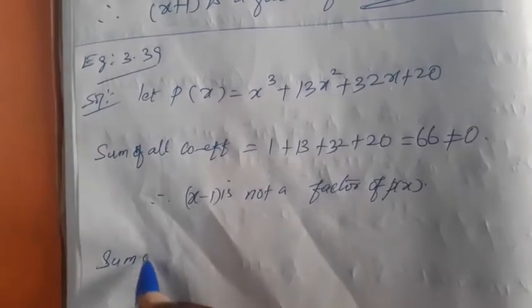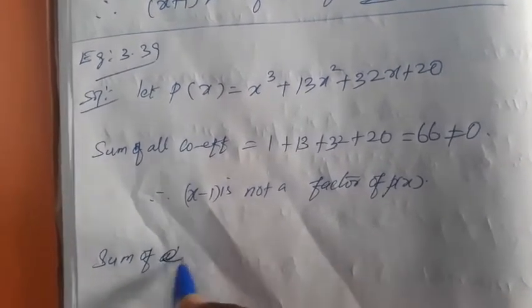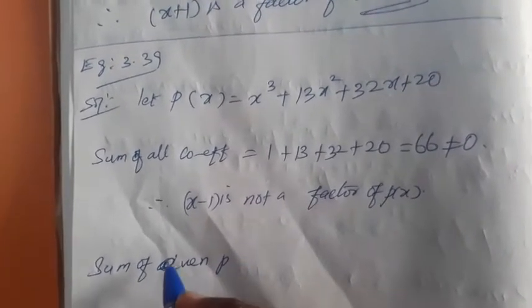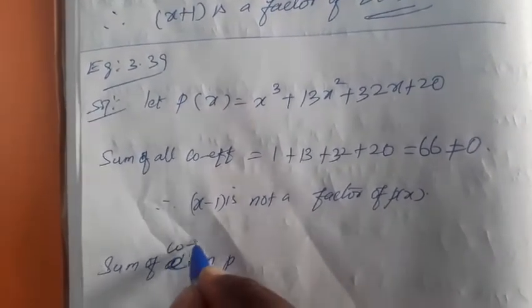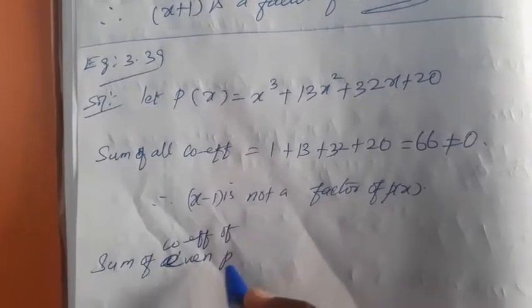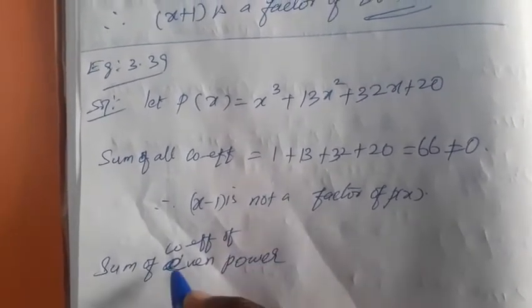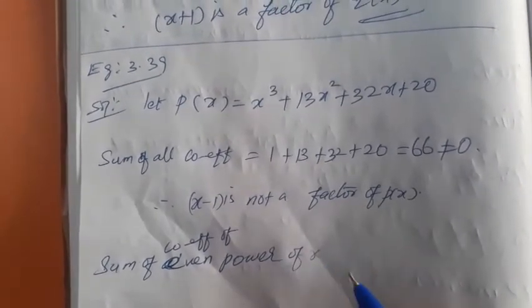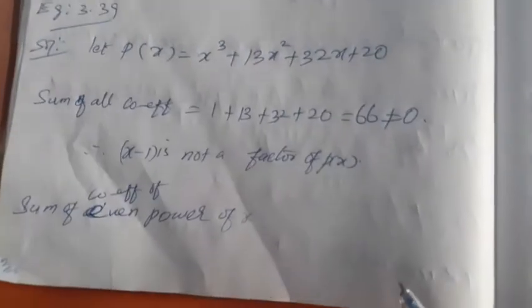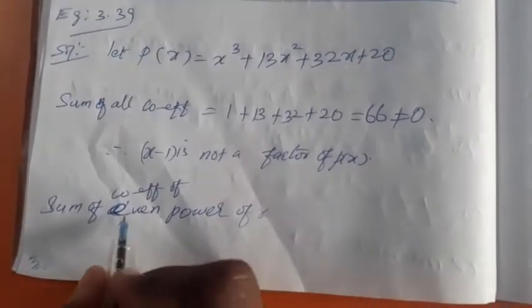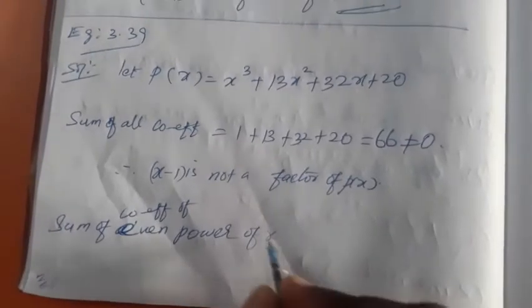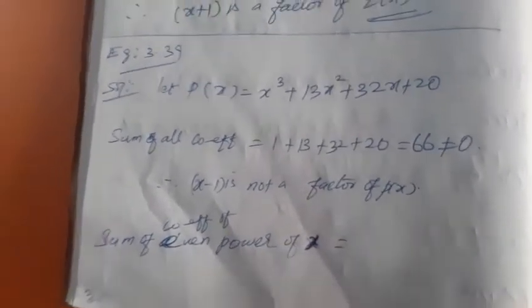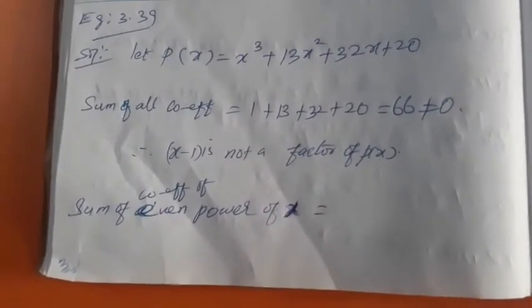Next, the sum of the coefficients of even power of x. What are the coefficients of the even power of x and the constant term?